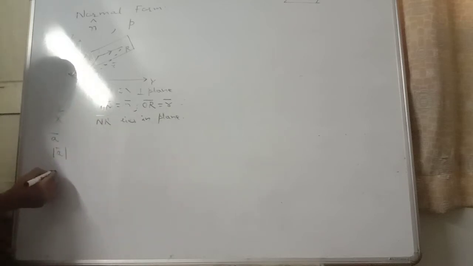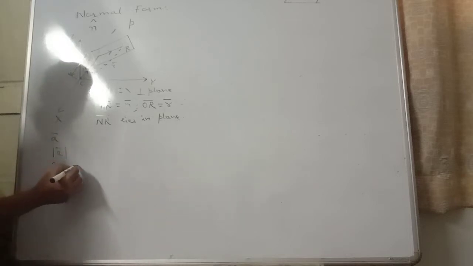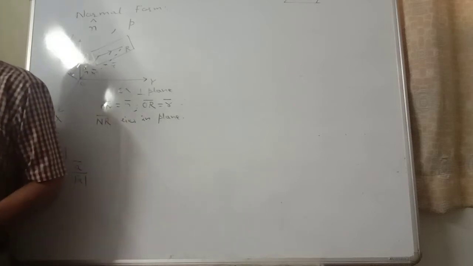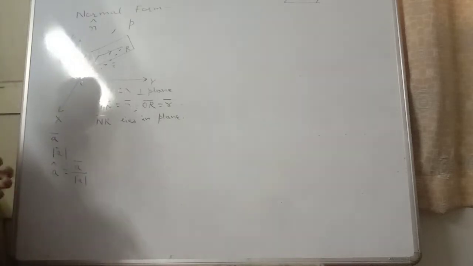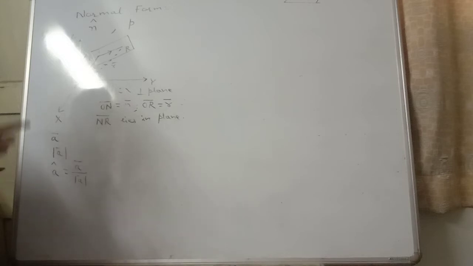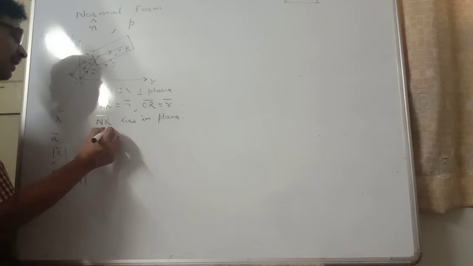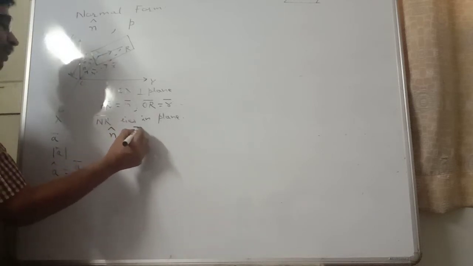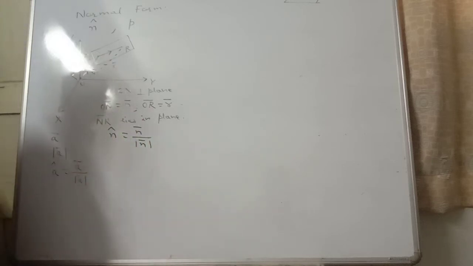The unit vector along a bar is denoted by a cap, and a cap is defined as a bar upon the magnitude of a bar. So a unit vector is defined as a vector divided by its magnitude. Here n cap is the unit vector along n bar. So n cap equal to n bar divided by the magnitude of n bar.